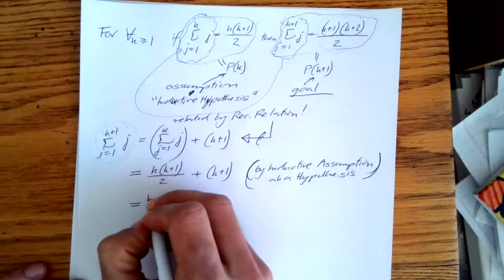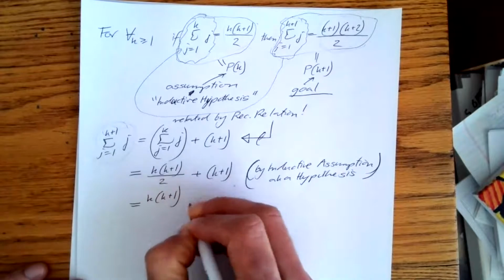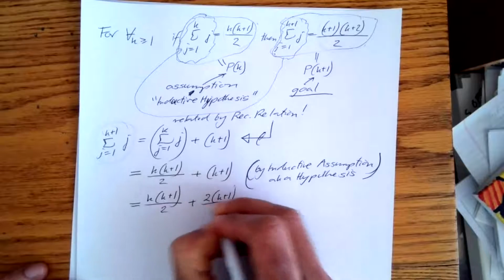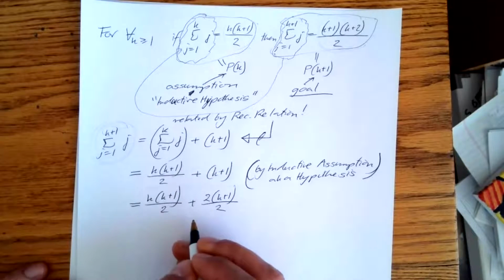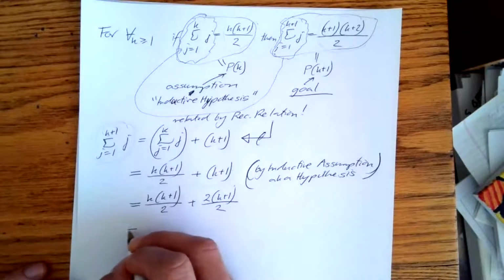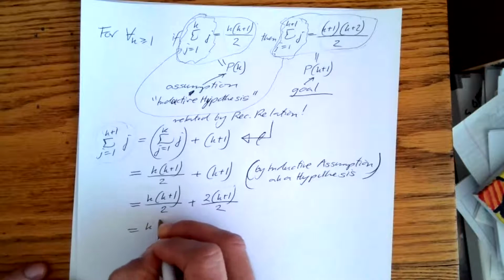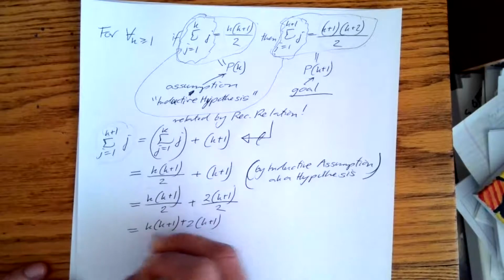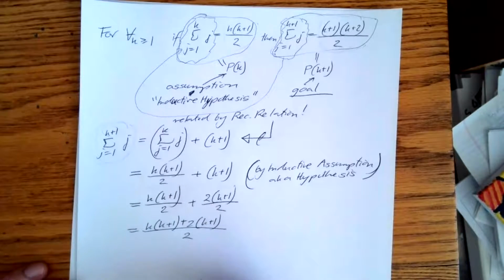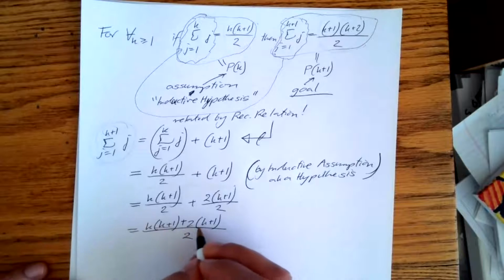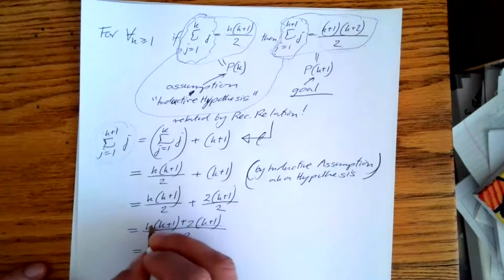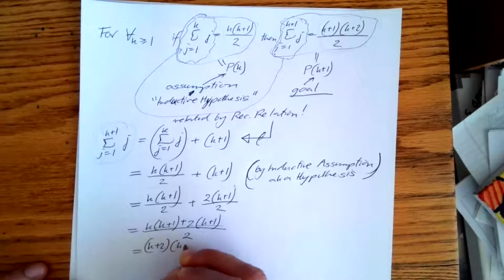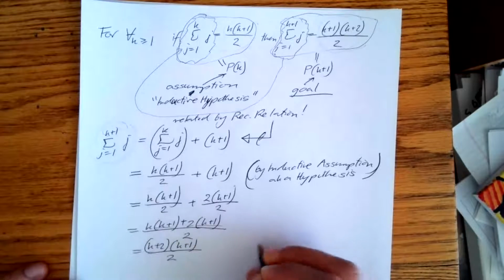Let's first put these terms in a form where they're apples and apples, right? Now you see that this is k plus 1 plus 2 times k plus 1 over 2. And now it's the same term, right? So this is now k and 2 of this term, so it's k plus 2 times k plus 1 over 2, and I'm done.